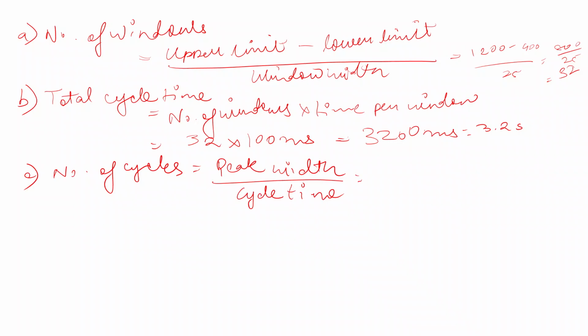The peak width is given as a 15-second window, so 15 divided by 3.2 is 4.69 cycles, or 4 complete cycles.